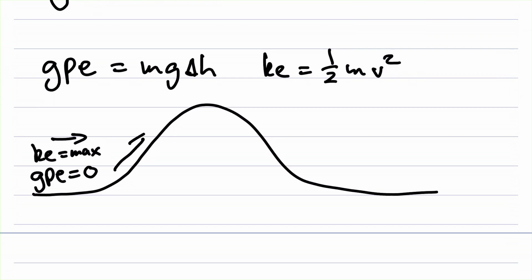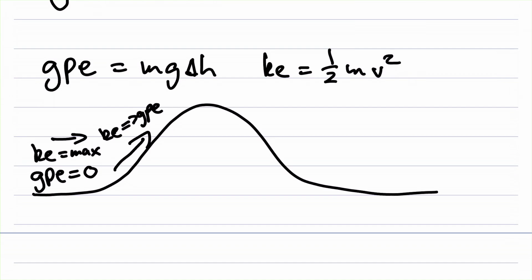And as we move up, our kinetic energy is changing over to gravitational potential energy. So our KE will become smaller. Why? Because our velocity is decreasing as we go up, because we're slowing down from the hill. But our height is increasing, so the gravitational potential energy increases.